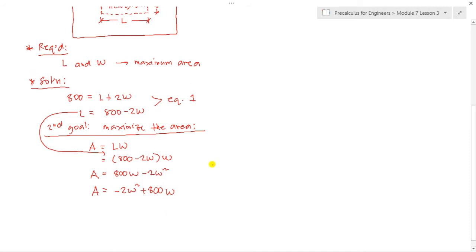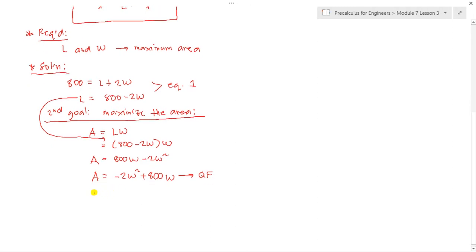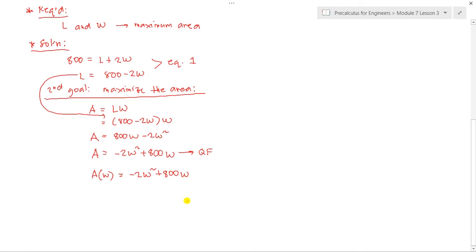What equation was generated? The equation now is a quadratic function, that is the area as a function of w is equal to negative 2w squared plus 800w. Now if this is a quadratic function, what is the behavior? For a quadratic function, there is what we call a vertex.